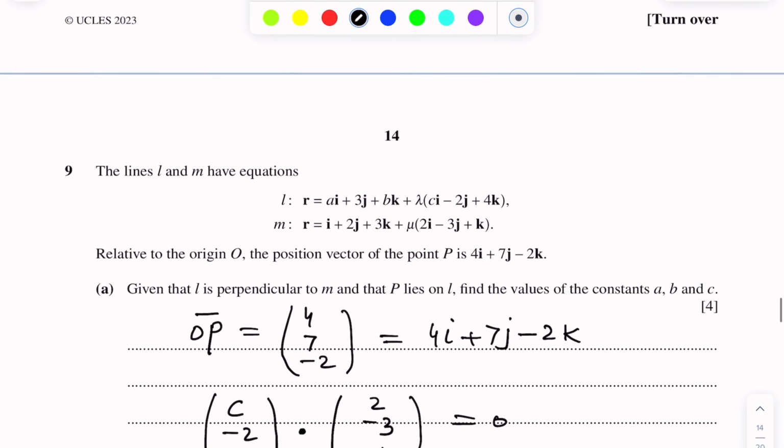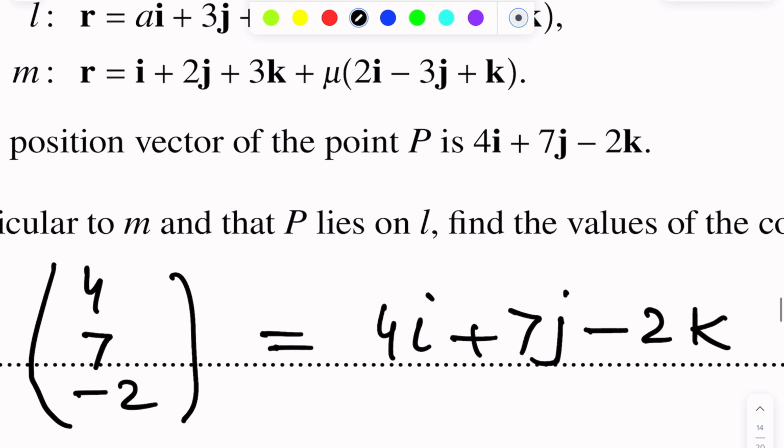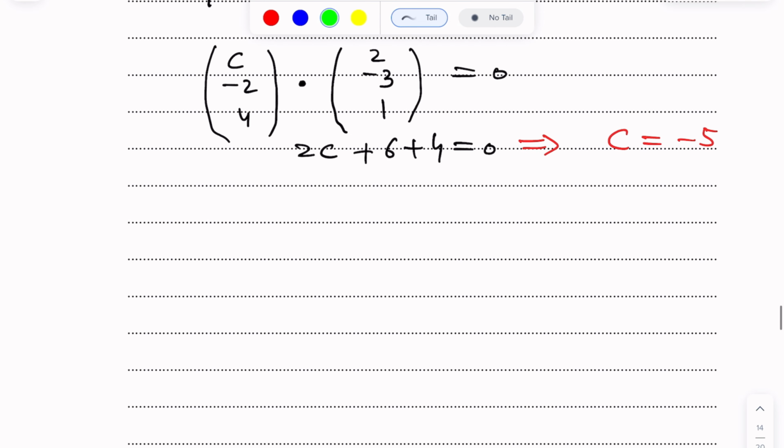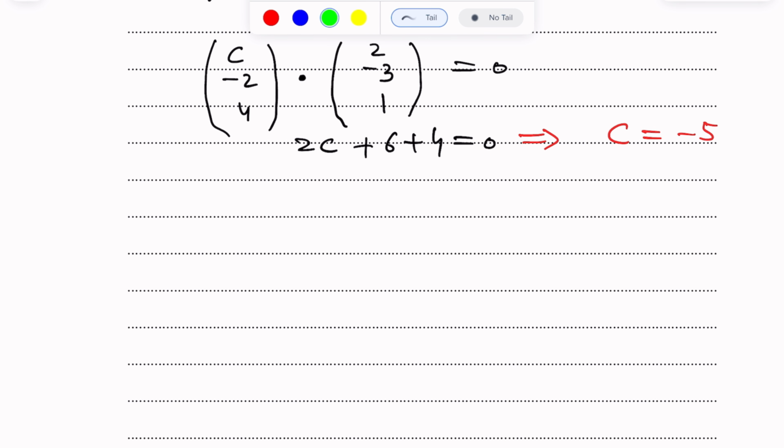Now next, it is given that point P lies on line L. We are taking this point P on the line L as a general point.